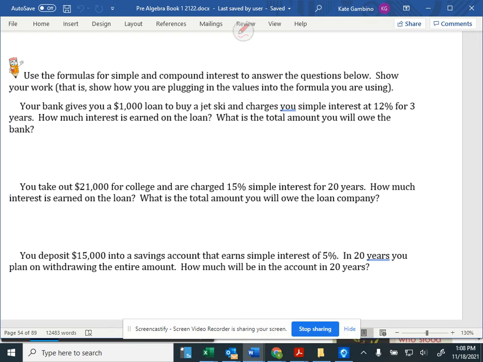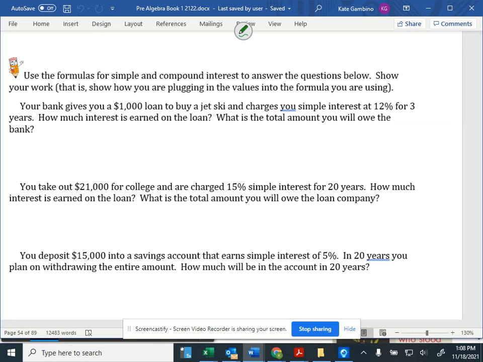So if we look at that first one, what would my formula be? Your bank gives you a $1,000 loan to buy a jet ski and charges you simple interest at 12% for 3 years. How much interest is earned on the loan? What is the total amount you will owe the bank?